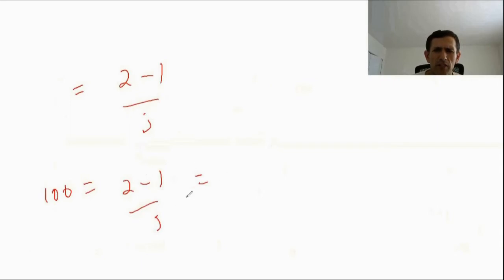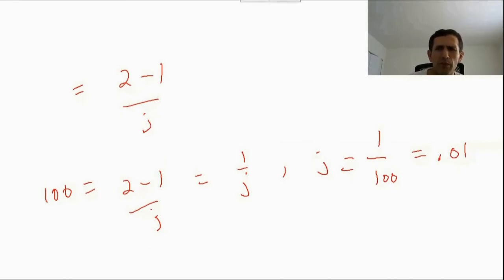So this is going to be equal to (2 minus 1) over j. So we have 100 is 1 over j. So that means j is just 1 over 100, and it's a reasonable interest rate of 1%. These other problems are similar, and I'll give a homework like this.